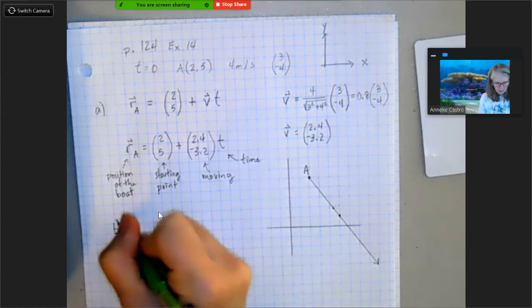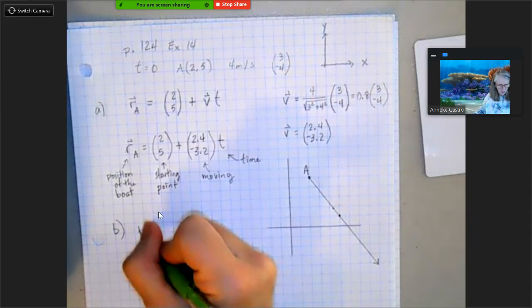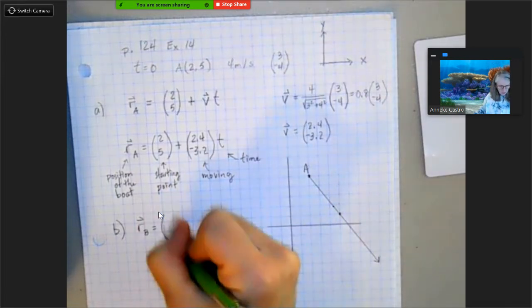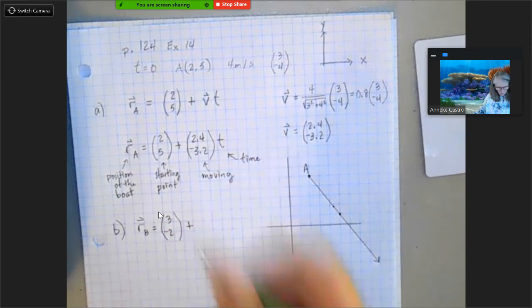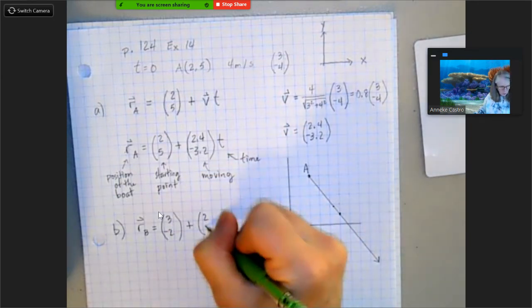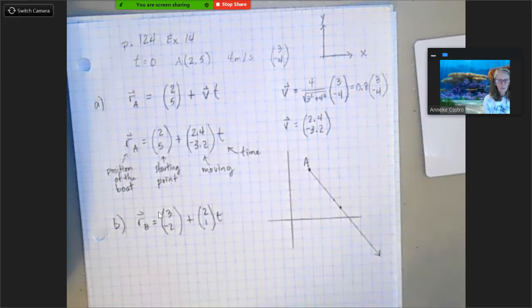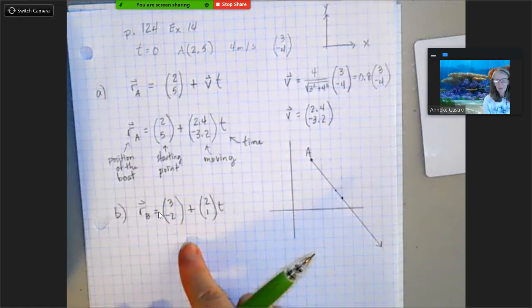Okay, part B, they give us more information. So the next information, a boat B has position vector given by r sub B is equal to (3, negative 2). So remember, that's its starting position. Plus, and they give us its velocity vector, (2, 1)t. So they did all the work for us on boat B. Okay, they might have given us information like this again and made us do it, but this time they just gave it to us.